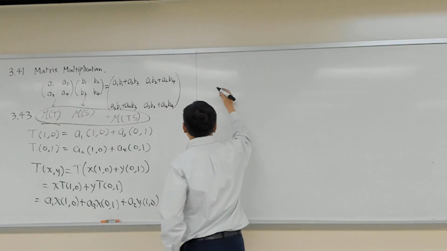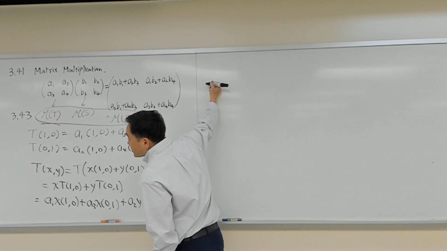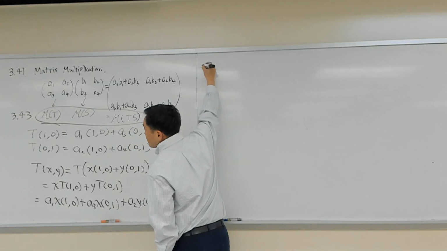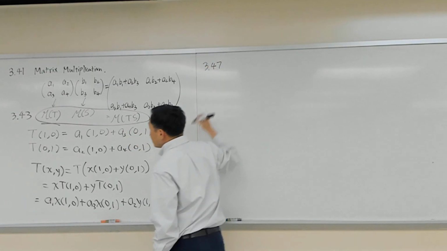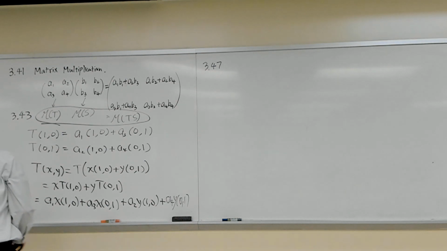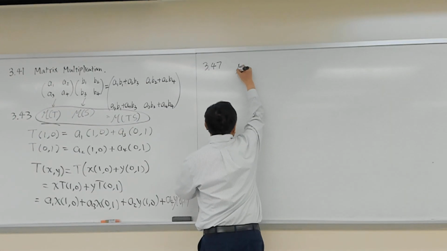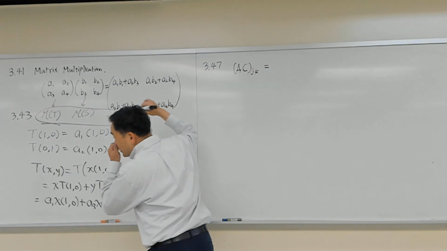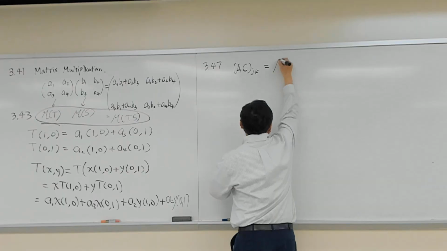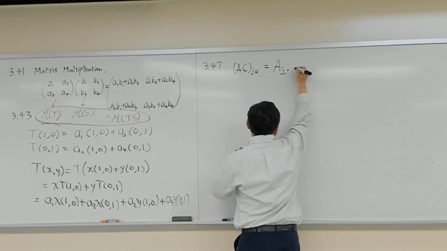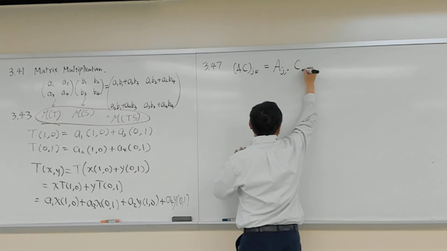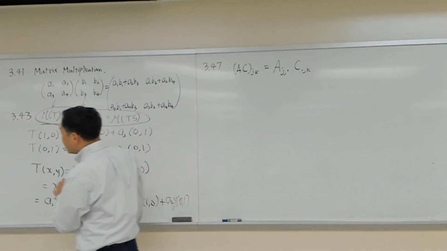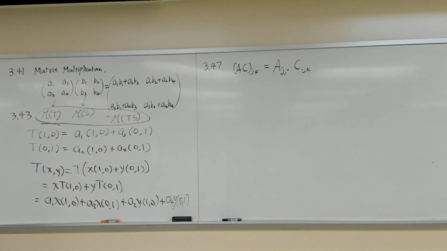Okay, some more notation. You have 3.47, which says (AC)_{jk} equals A_{j,·} times C_{·,k}.